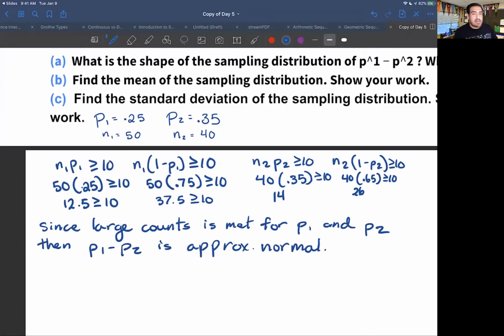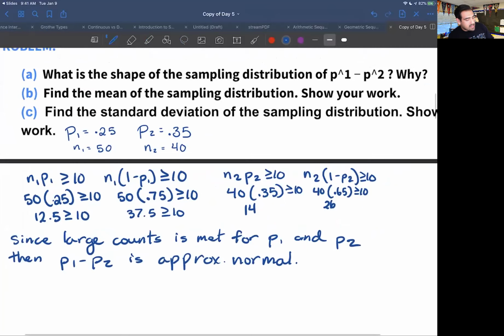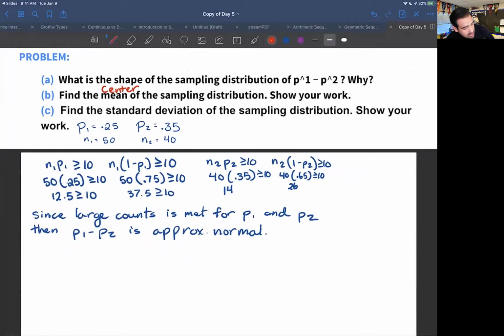All right, just kind of bringing back the information from the last unit. B is saying find the mean, also known as the center, of the sampling distribution, show your work. So I know that the center of the sampling distribution of p̂1 minus p̂2 is the true population proportions difference.